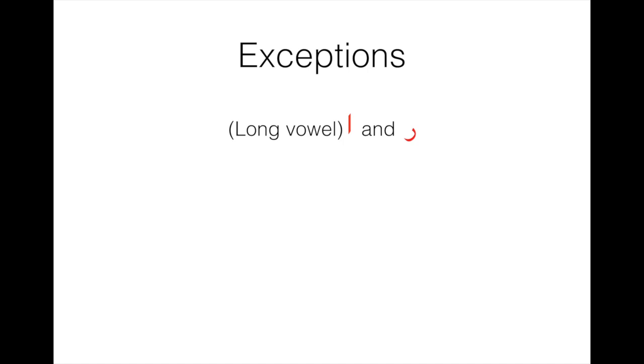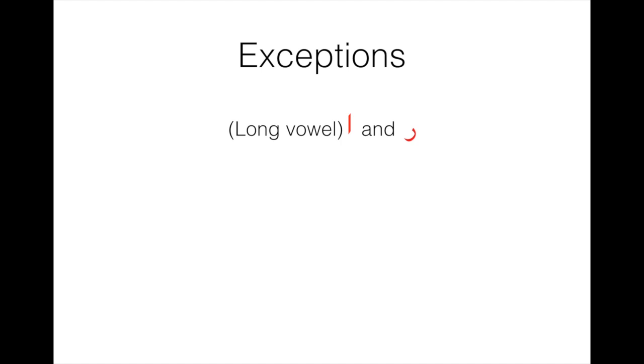So an example would be if we attached an alif to a ta and made the word taba, you just stretch the heaviness of the ta, so you get taba.